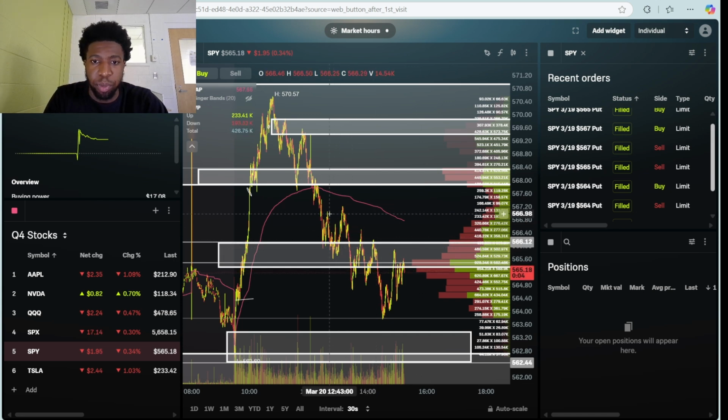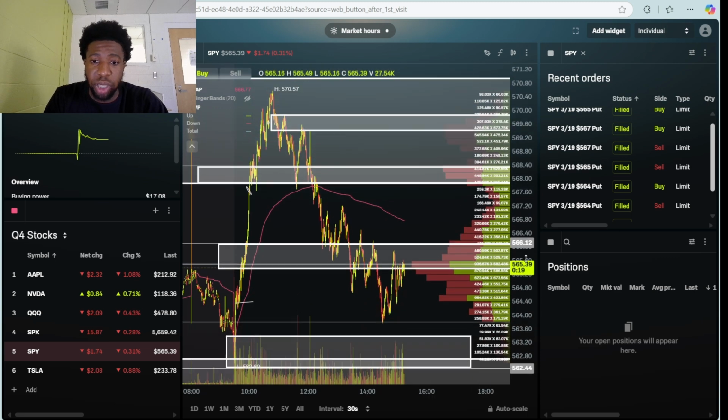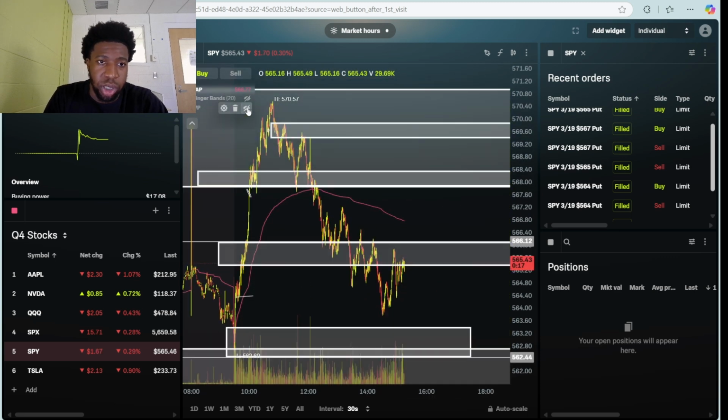If it pulls back from that level, if it reverses, I'll look to go in a call. If it pushes through that level, I'll wait for a retest back to that level and then get in again. And so that's how I use these.